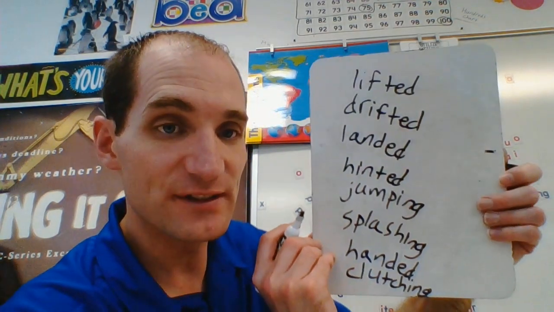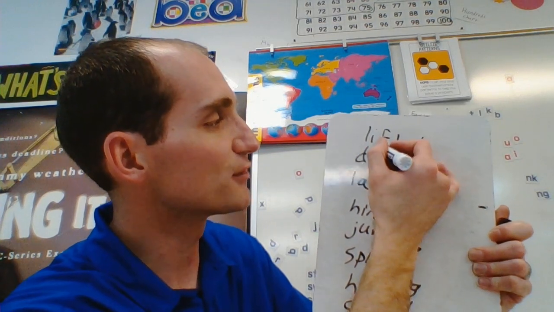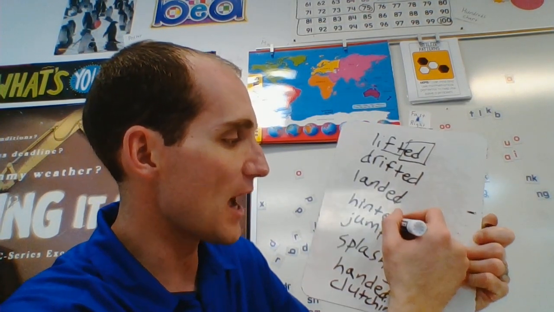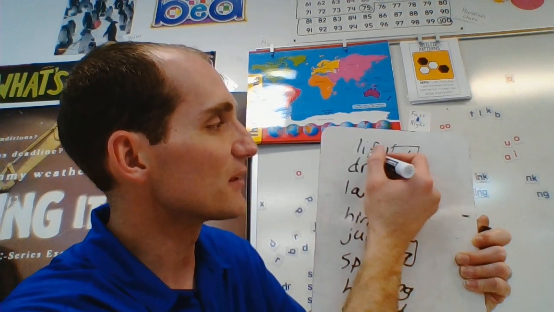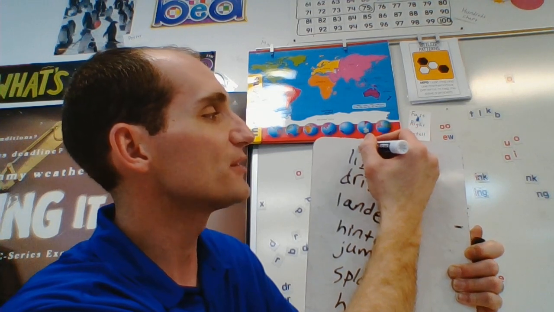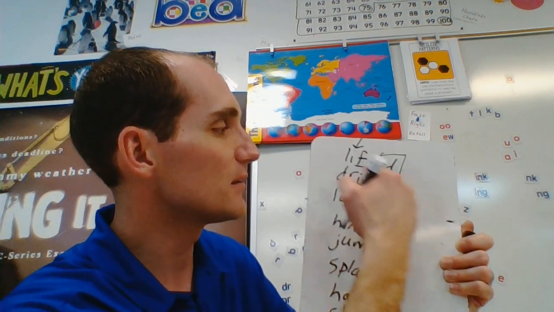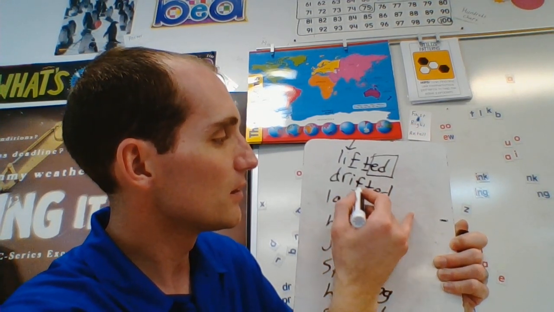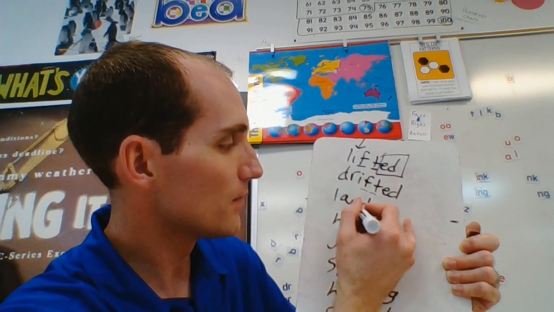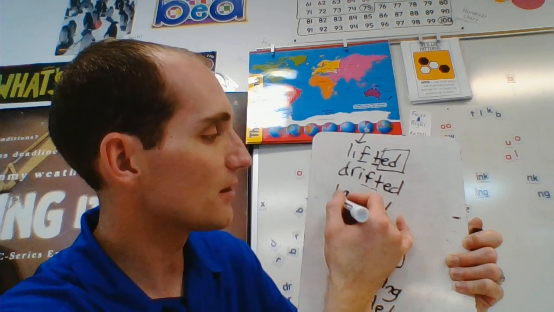All of these practice that same skill where there's at least 2 letters separating the ed or the ing. And if there's at least 2 letters in the middle instead of just one, then the vowel will say its short sound. I, lifted. I, drifted. A, landed.